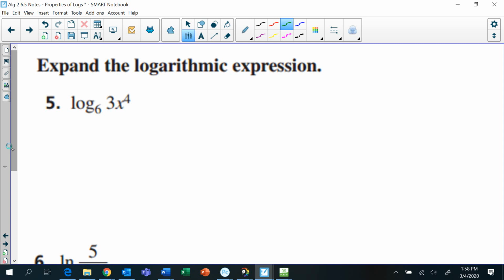Log base 6 of 3x to the 4th. We are expanding. So the first thing we want to expand with is multiplication and division, meaning adding and subtracting when we expand it. So where do I have any multiply or divide? 3 and x to the 4th. Very good. So I'm going to expand this to log base 6 of 3, plus log base 6 of x to the 4th.